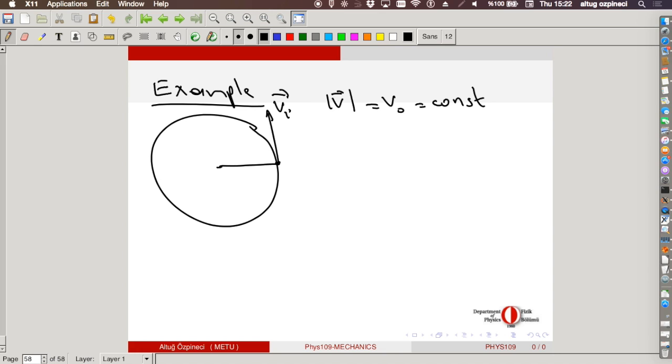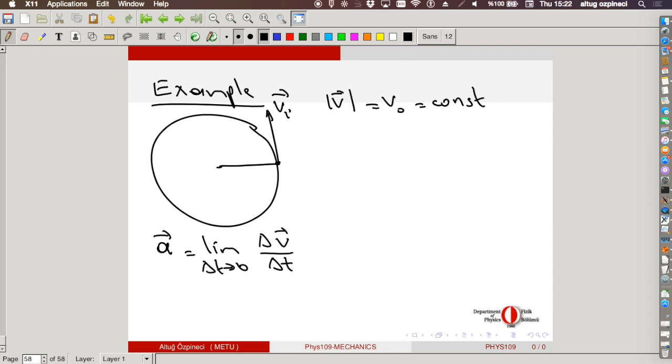And at a very small amount of time later, what we are trying to do now is calculate the instantaneous acceleration, let's say at this instant. We had defined it as the limit of delta v by delta t as delta t goes to 0. So I know the velocity vector at this point.